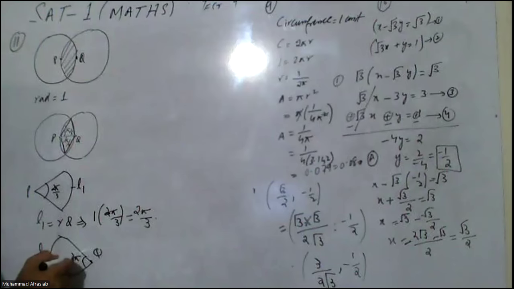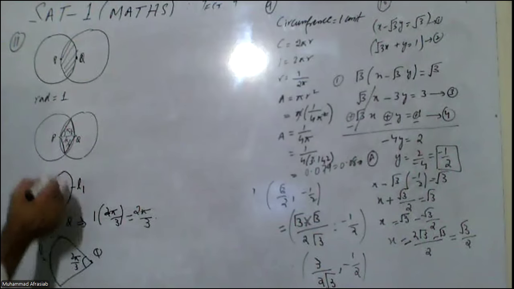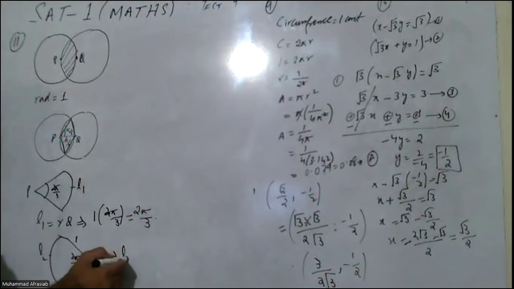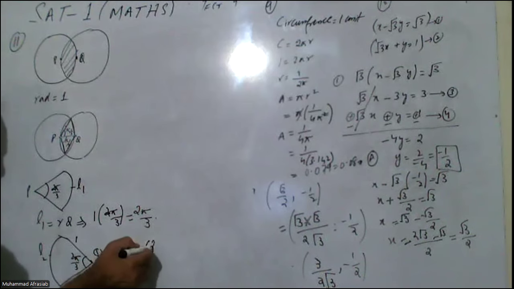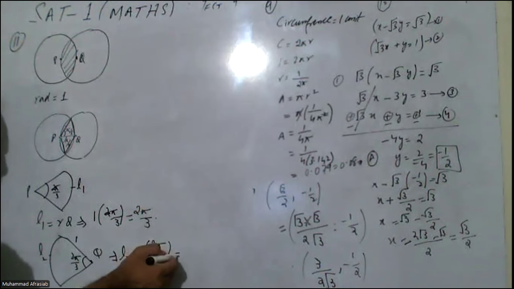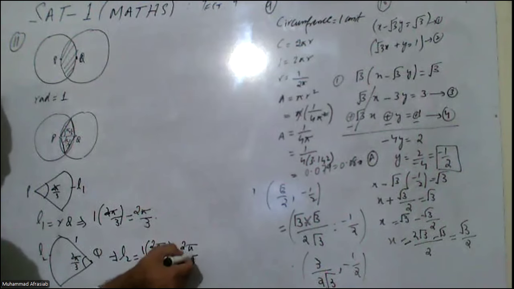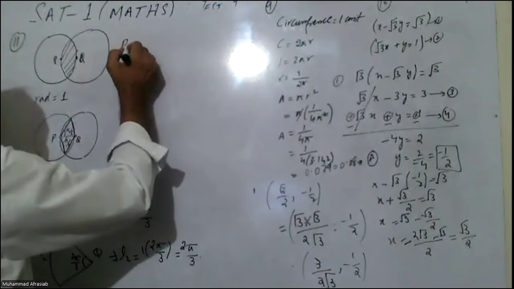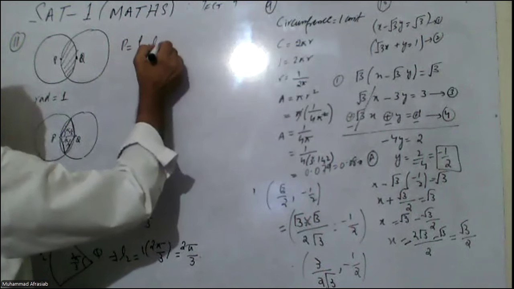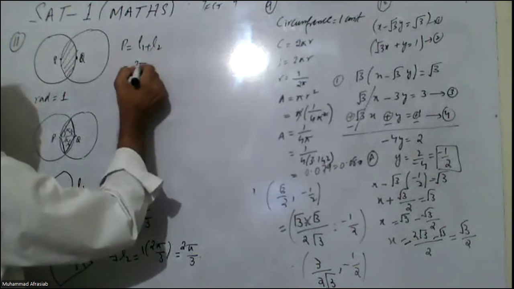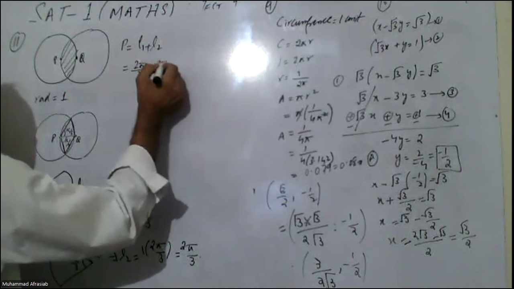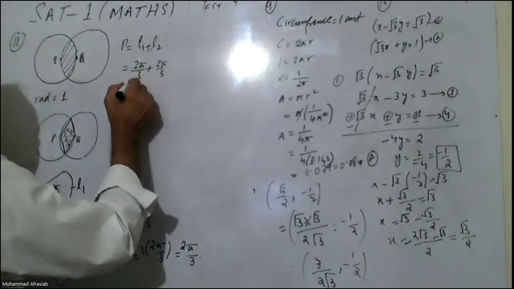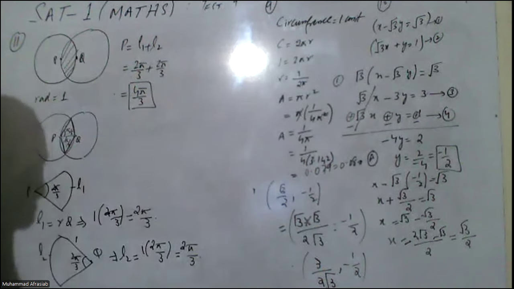Again, the angle is 2 pi by 3 because it was an equilateral triangle in the beginning, and the radius is 1. So L2 should also be equal to 1 into 2 pi by 3, that is 2 pi by 3. So the total perimeter of this whole region is L1 plus L2, which is 2 pi by 3 plus 2 pi by 3, and that is equal to 4 pi by 3 for this shaded region.